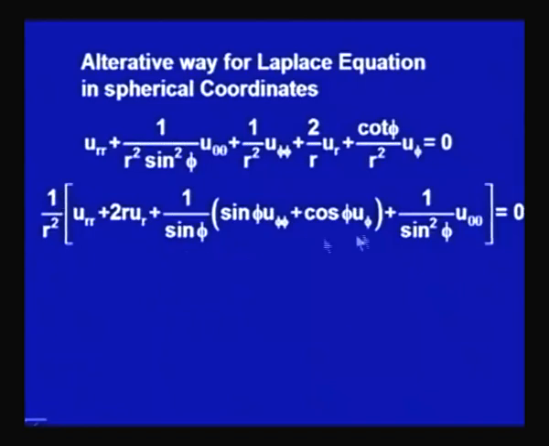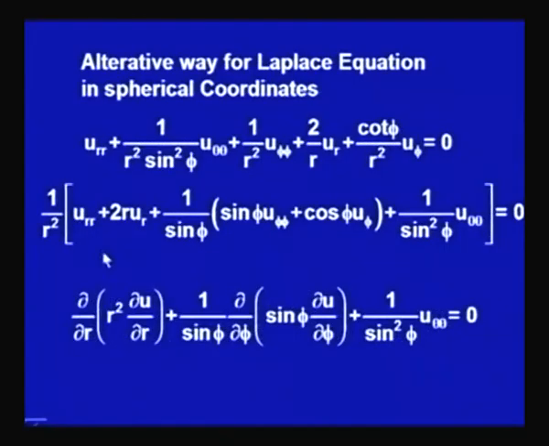Now, because it is equated to 0 and r square is the distance, this can't be 0, since we are taking a point on some sphere of some radius r. The boundary surface we are not taking, that is, any point on the surface would never give me the distance 0. So, we can take it that side, and we would get simply the equation with what is in the bracket equated to 0.